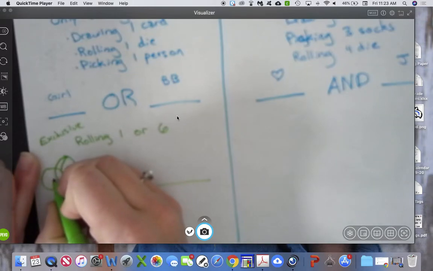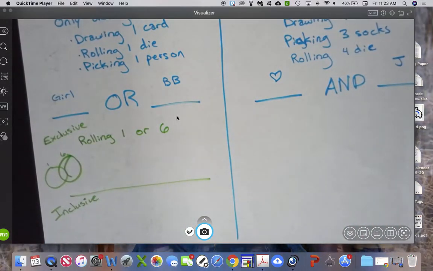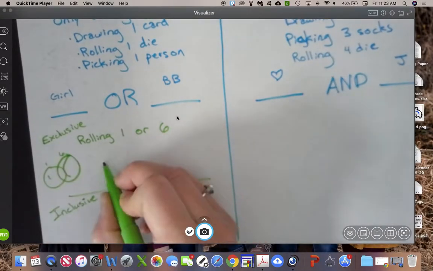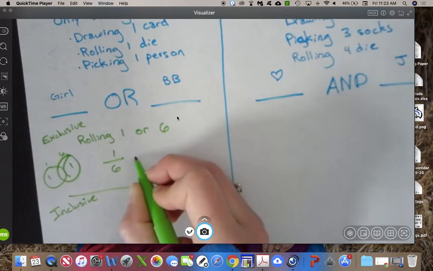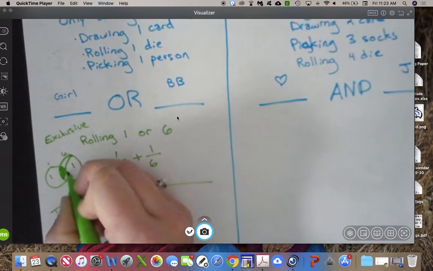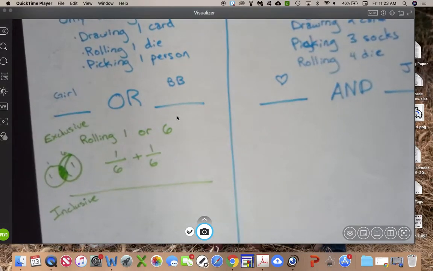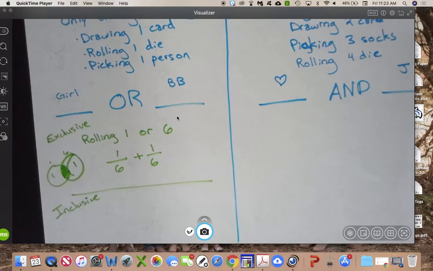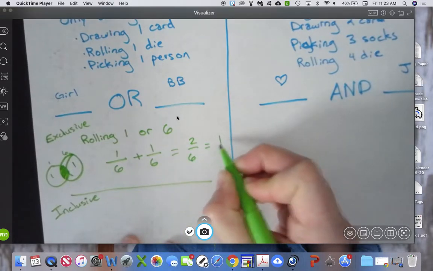A 1 or a 6. What are my chances of rolling a 1? 1/6. What are my chances of rolling a 6? 1/6. But there's nothing in the middle because I cannot roll a 1 and a 6 at the same time. Yeah? Okay, so those might as well be bubbles that are not even touching. Yes, that's what makes them exclusive. Okay? So 1/6 plus 1/6 is 2/6, which is 1/3.